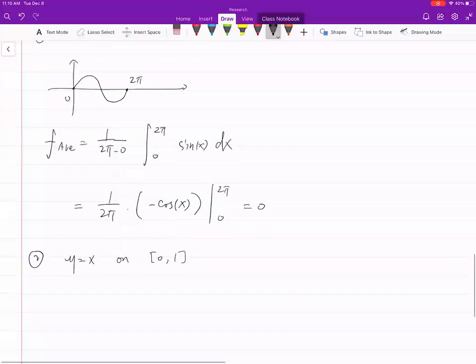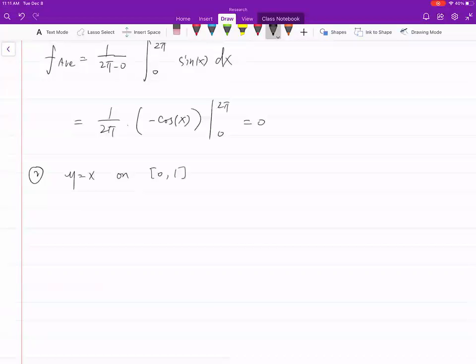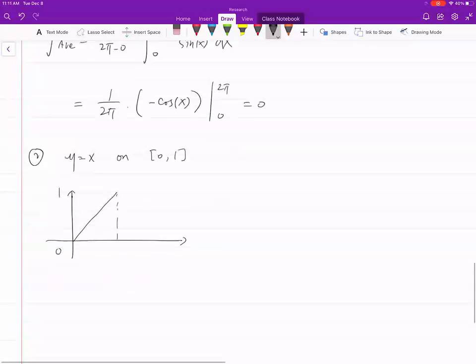All right. Second, y equals x on 0, 1. Where do you think the average value is?